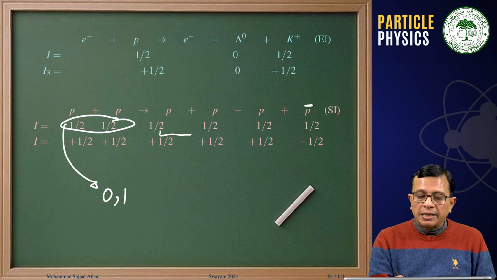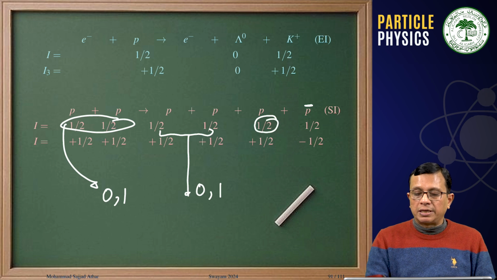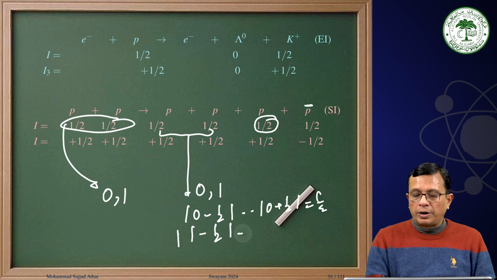While if you take these two, you will have 0 and 1. Then you will combine half with it, and it says that you have to go from 0 minus half to 0 plus half. That means just half you will get from here. But for the other, you will go from 1 minus half to 1 plus half. That will be half as well as 3 by 2.